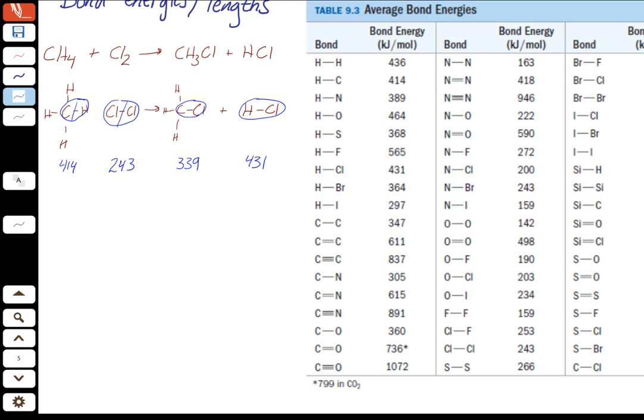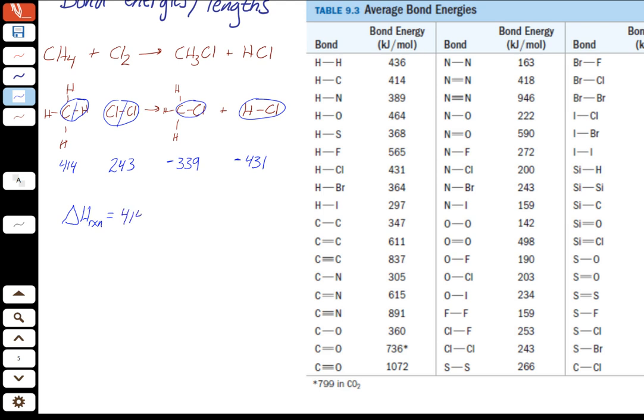So for the overall energy given off by this reaction, we're going to put a negative sign on the bonds that are formed because forming bonds gives off energy, and a positive sign on the ones that are broken. And so the overall heat of reaction or enthalpy of reaction, which is called delta H, is going to be the sum of those things.